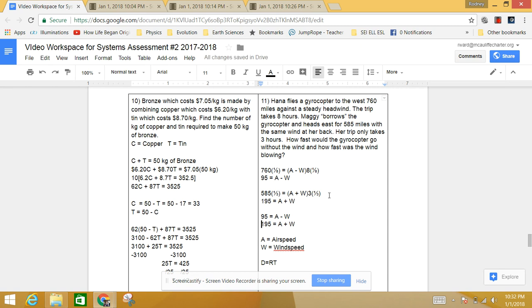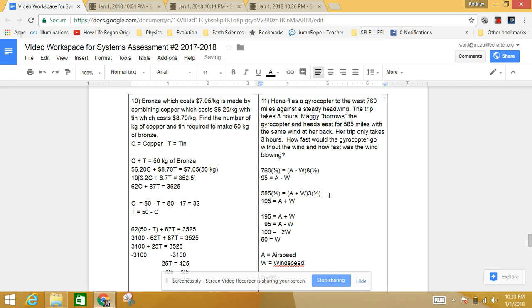So first thing I'm going to do is subtract. When I subtract, the A goes away. So 195 minus 95 is 100. A is nothing, and I get 2W. So 50 equals the wind speed.